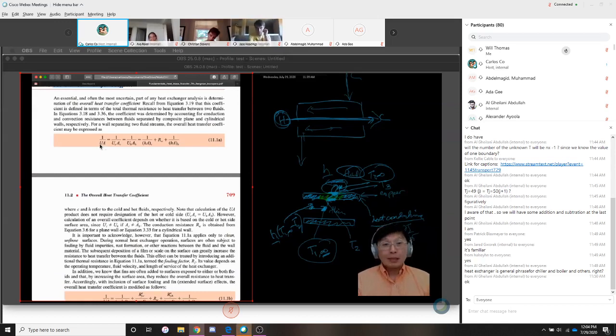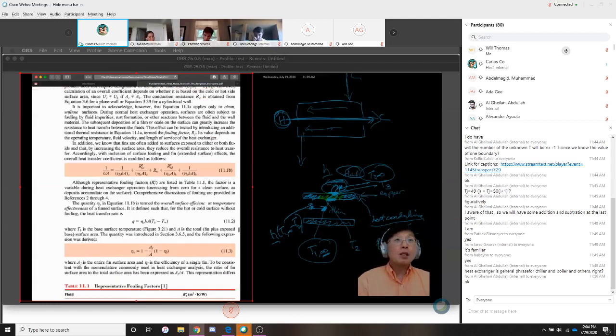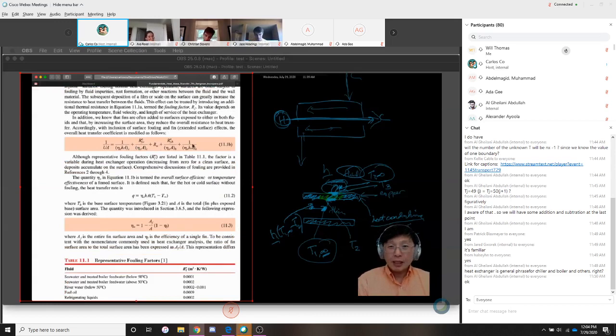The reason you call it overall is because it combines the heat transfer coefficient for the cooling side, maybe the inner wall, the heat transfer coefficient on the hot side, that might be the outer wall, as well as the wall resistance, the resistance of the pipe to conductive heat transfer. Over here, you will see a few more details associated with the calculation of the so-called overall heat transfer coefficient. That is something we will go back to.